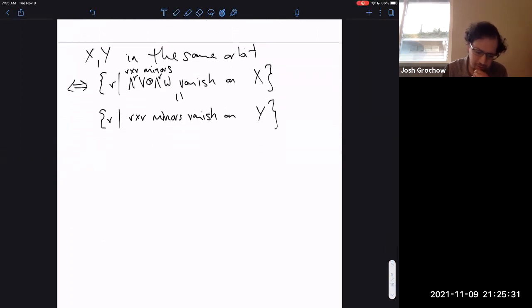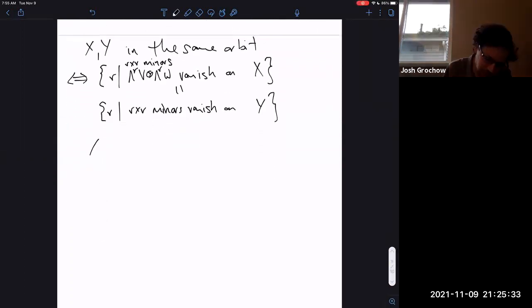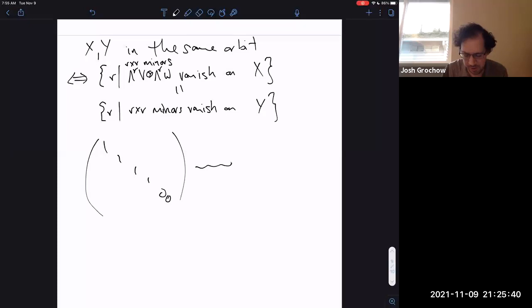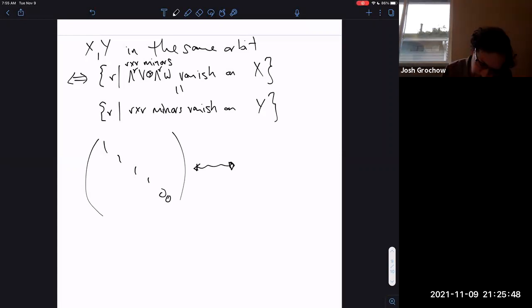All right, and I claim what's going on here. So in the null cone, you have things that look like this. And I claim that actually this is very analogous to what's happening in the permanent versus determinant situation, or permanent versus iterated matrix multiplication, where you have permanent on a small number of variables sitting inside a space with a large number of variables.